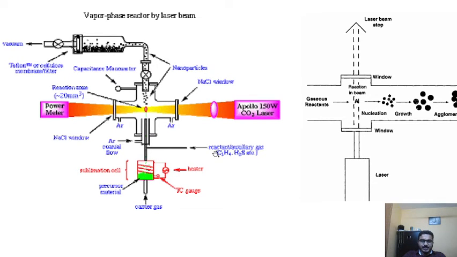From the left hand side we have reactor or ancillary gases, here written C2H4 or H2S, etc. Then we have the air cordial flow below this portion. On both sides NaCl windows are given. This is the power meter, and this is the reaction zone, the center of this figure.